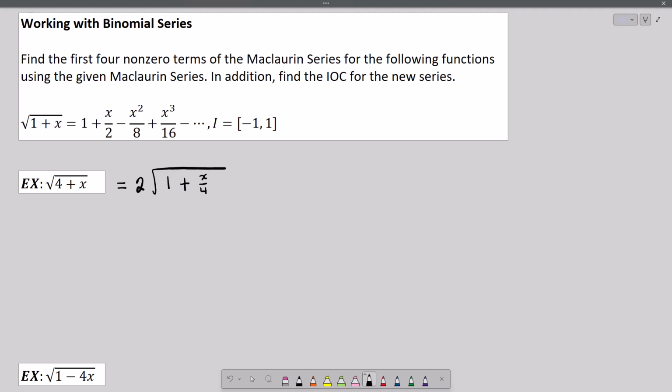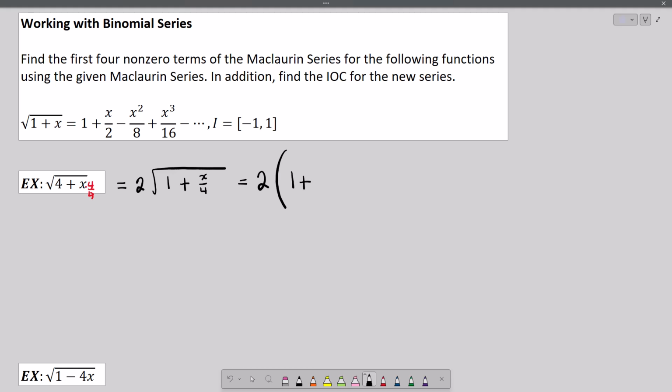It's the whole thing that we did long ago: multiply that by 4 over 4, so the numerator 4 comes out. So what are we going to replace x with then? We'll replace x with x over 4, x fourths.